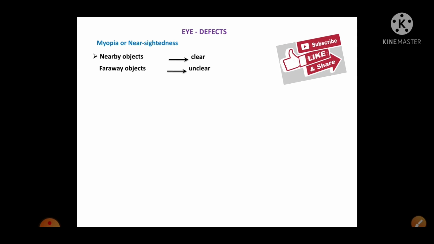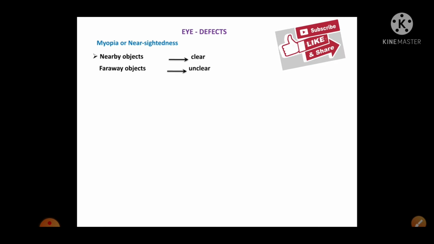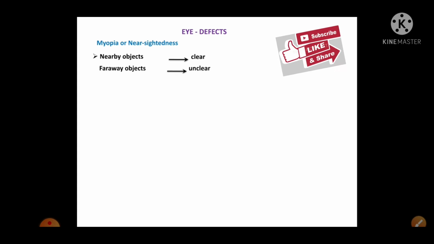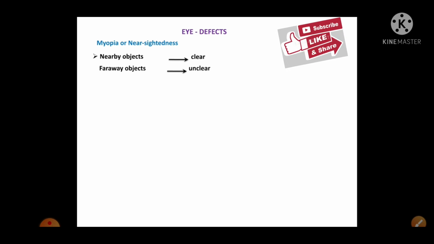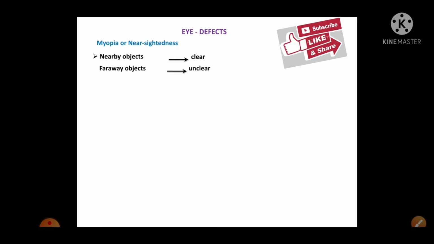Now what is the meaning of this? If some people have myopia, ठीक है, आप लोग में से भी बहुत लोगों को spectacles होंगे, चश्मा होगा, right? So you have to check whether you have myopia or hypermetropia or presbyopia. मायोपिया का मतलब ये होता है कि in that case near object is clear. Okay, if you keep your object near to your eyes, you don't need to wear any spectacles, you can see clearly, but the far object is unclear, दूर से आपको नहीं दिखेगा.